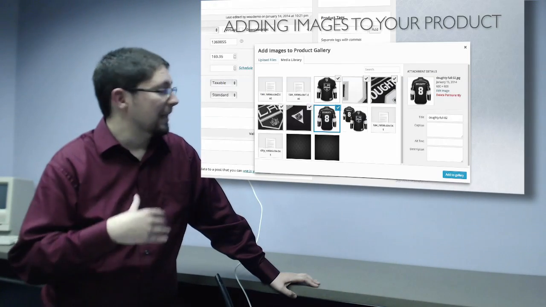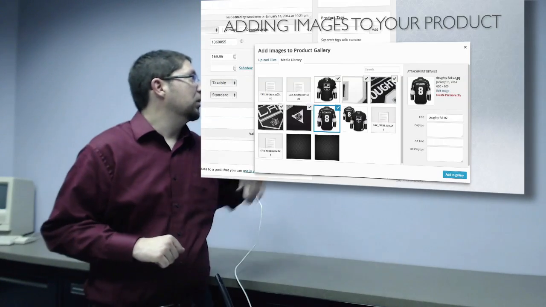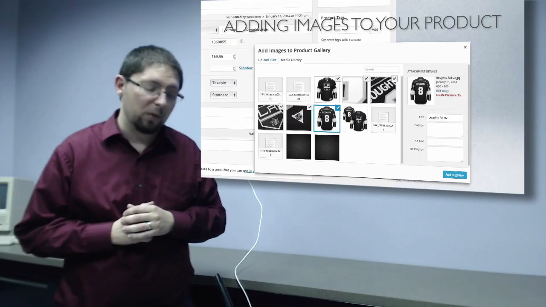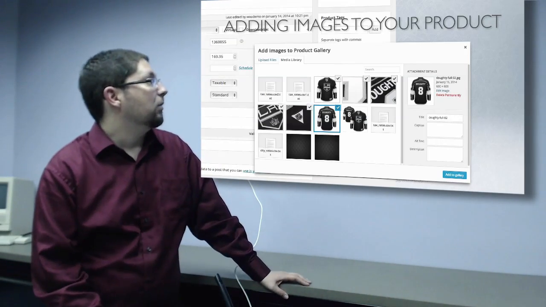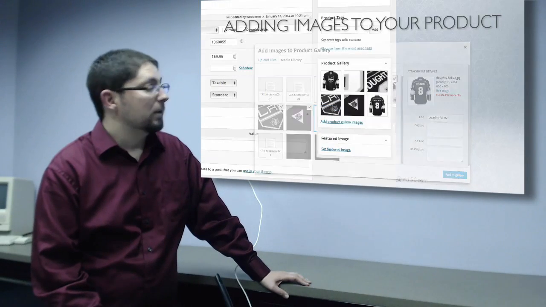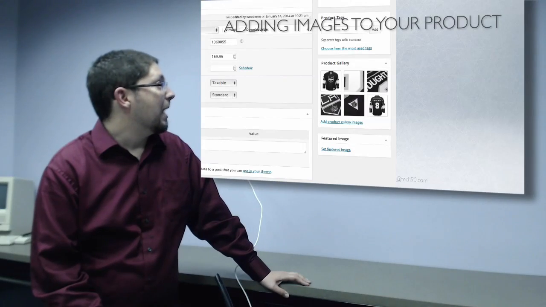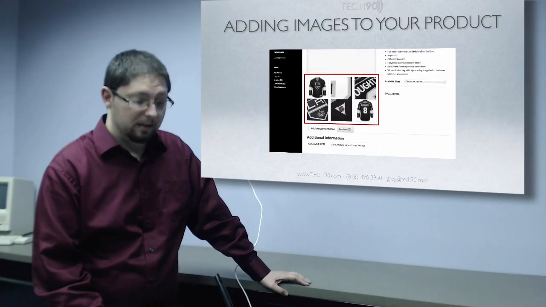And what I like to do is add all the images at once, and then using the little check marks that are available to us, we actually check off the images that we want in the gallery. So we check all those images, we click the Add to Gallery button, and those product gallery images get added to our product listing. The images that we just added then show up right where they're supposed to be, right under the featured image in our product listing.